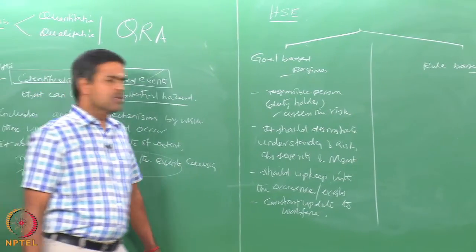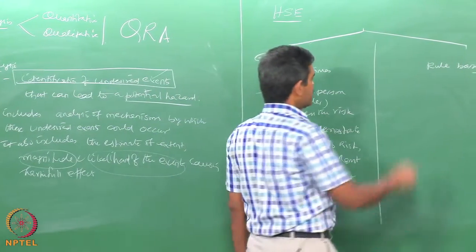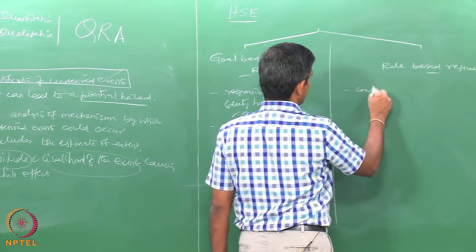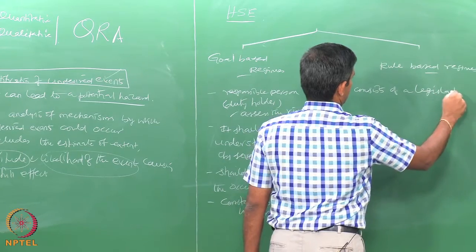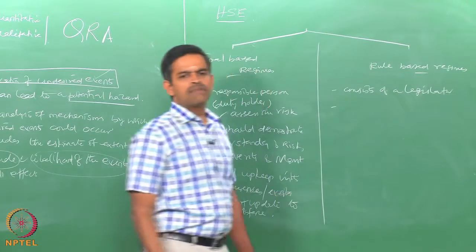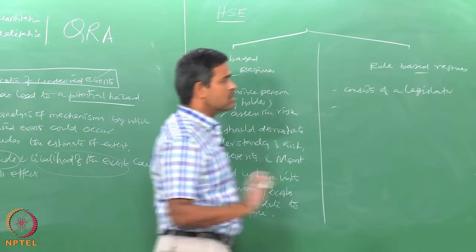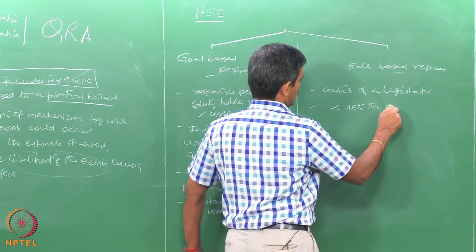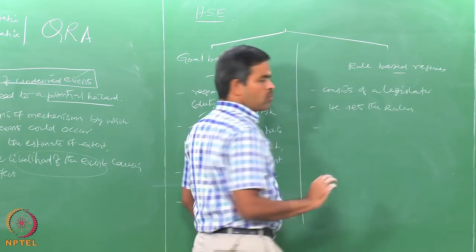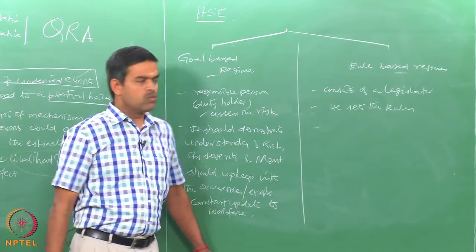If you look at the loose rule based regime, it consists of a legislator, maybe an administrator, who sets the rules. You are only requested or ordered to follow the rules.